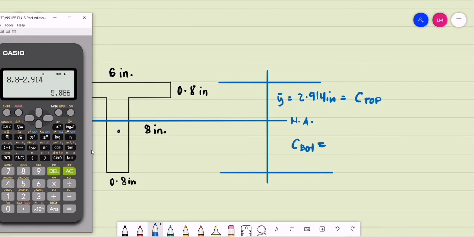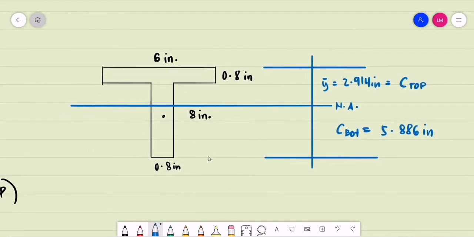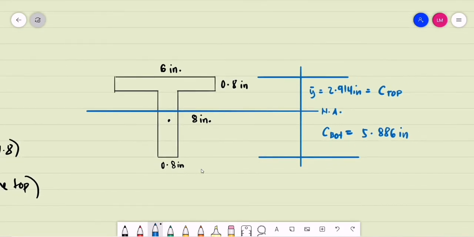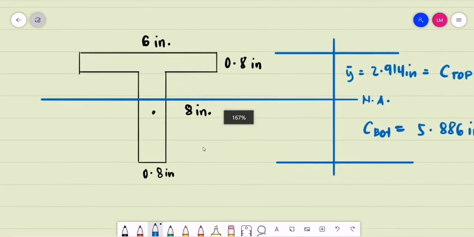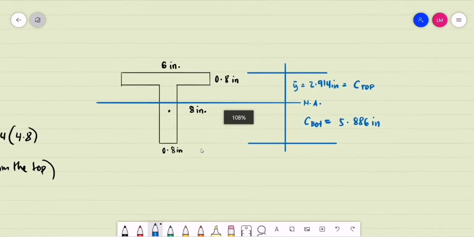So C from the bottom of the beam is 5.886 inches. These are the values of C that we are going to use in the computation of the bending stresses. But we need to compute first for the moment of inertia.